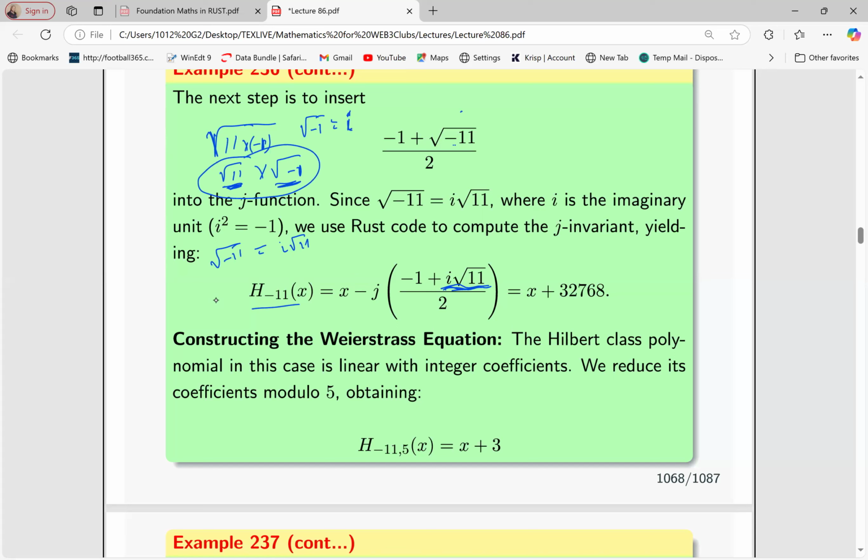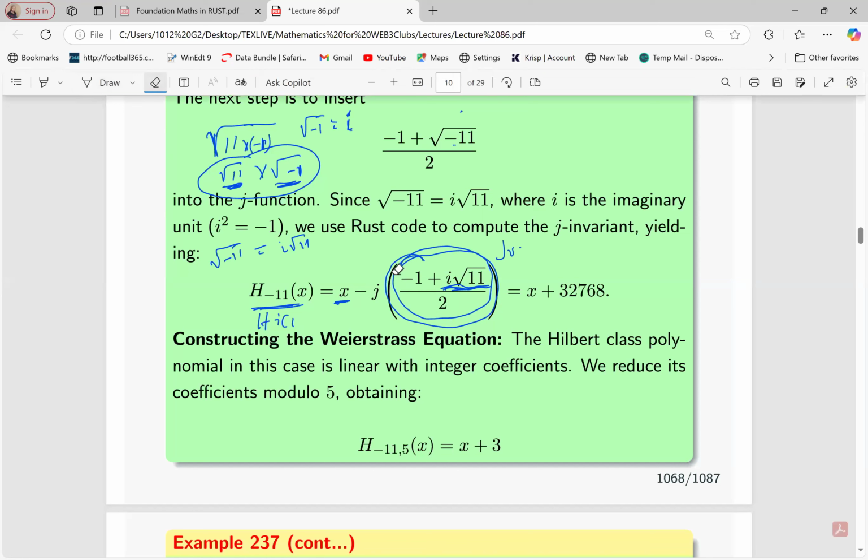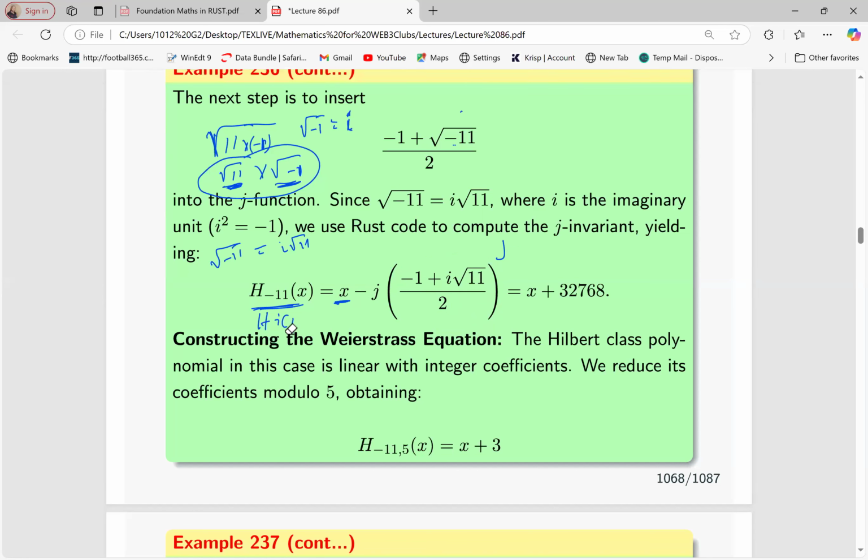So this is how you calculate the Hilbert class polynomial. It's supposed to be x minus j into this, minus j into this. But now this is the part we want to go into our calculation of the j invariant. You cannot do this manually. So we use our Rust code to find the j invariant.